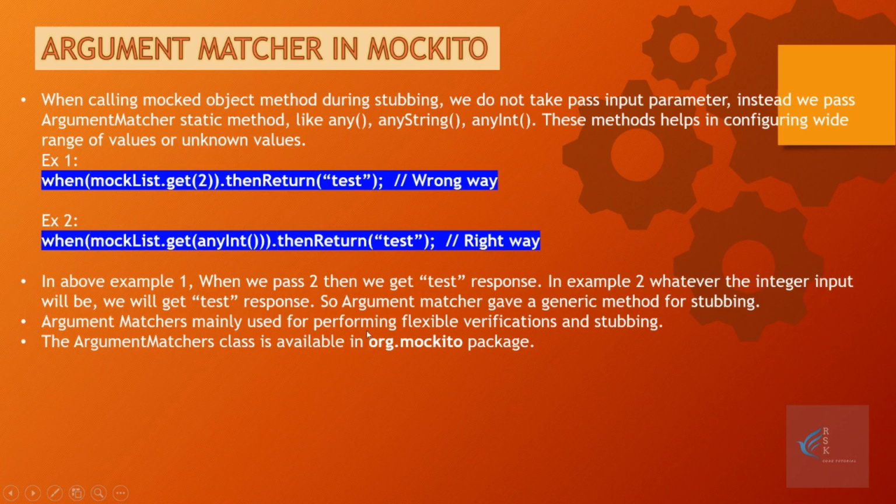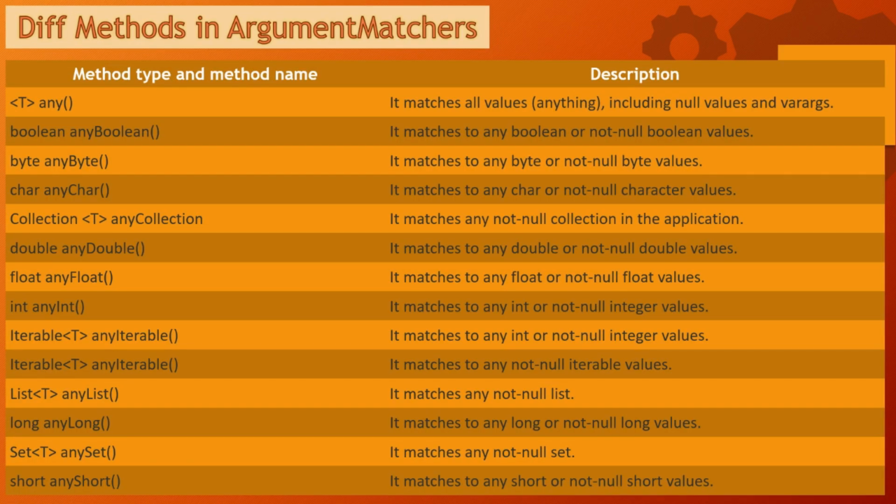Argument matchers are mainly used for performing flexible verification and stubbing. The ArgumentMatchers class is available in the org.mockito package. We have different kinds of argument matcher methods.